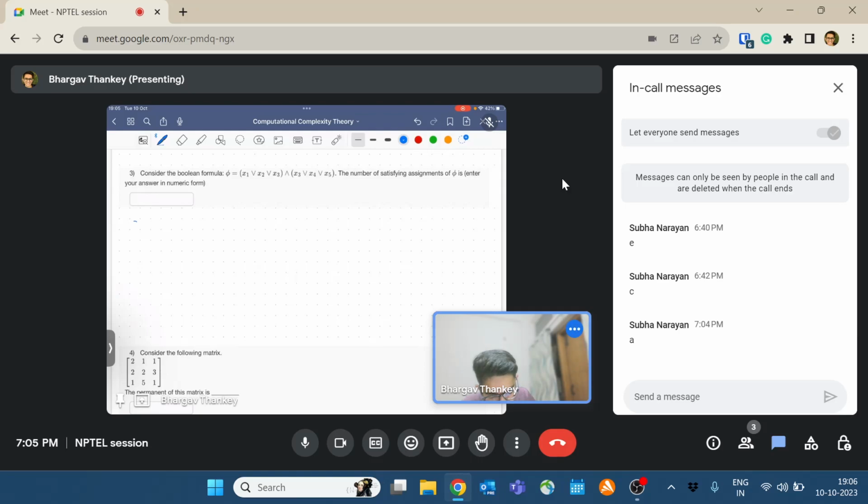If x3 is 1, then x1, x2, x4, and x5 can each be either 0 or 1, right?